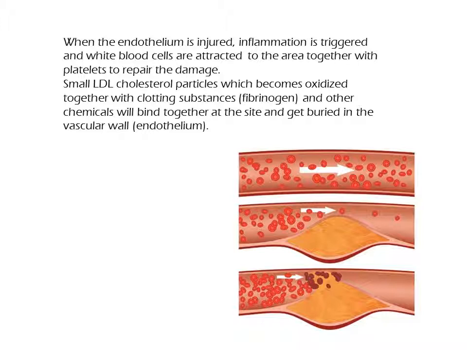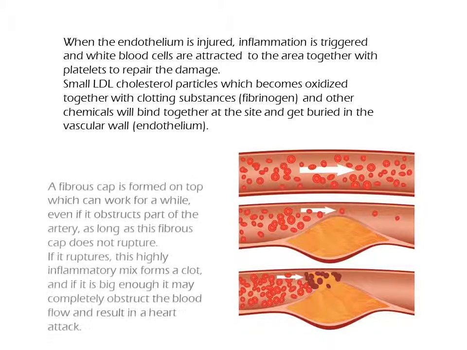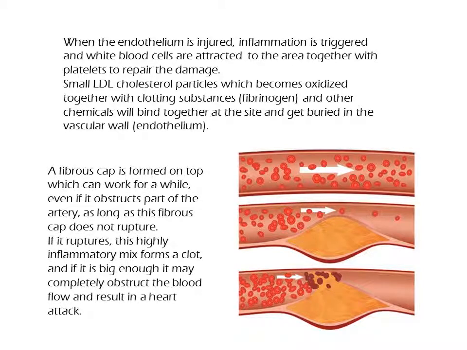Small LDL cholesterol particles, which become oxidized, together with clotting substances like fibrinogen and other chemicals, will bind together at the site and get buried in the vascular wall, the endothelium.